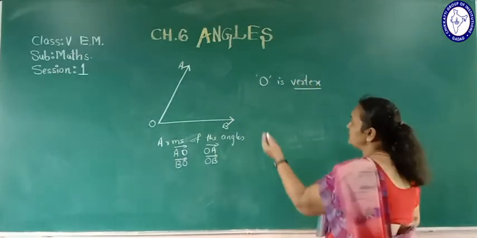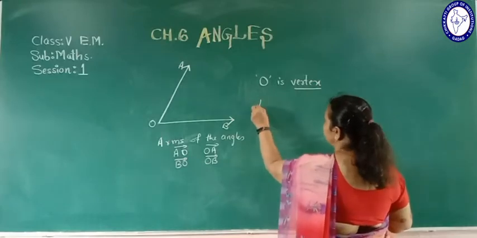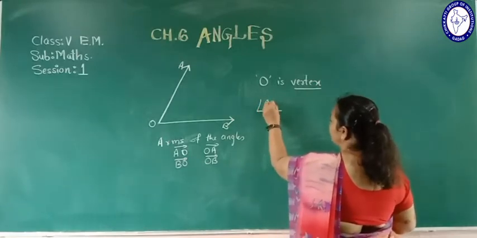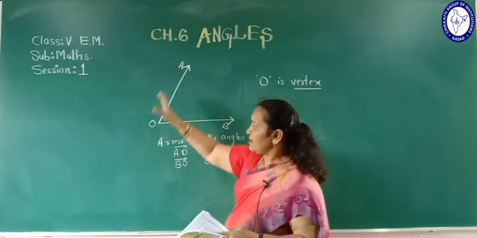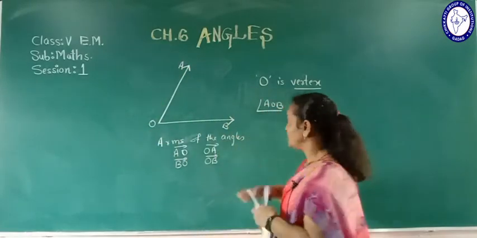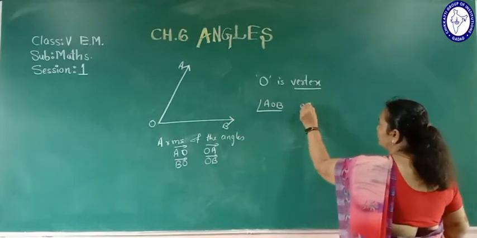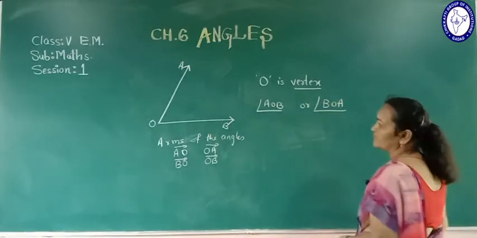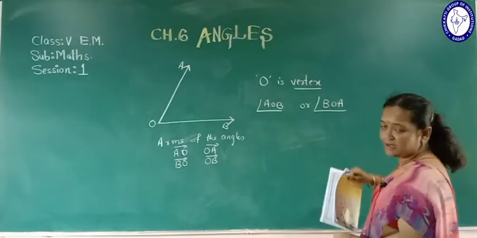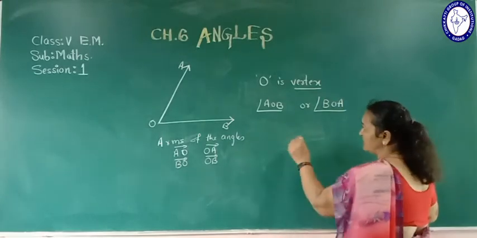Then how do we write this angle? We write angle AOB. You can write AOB, or we can write this as BOA. This is the regular method to write angle AOB.